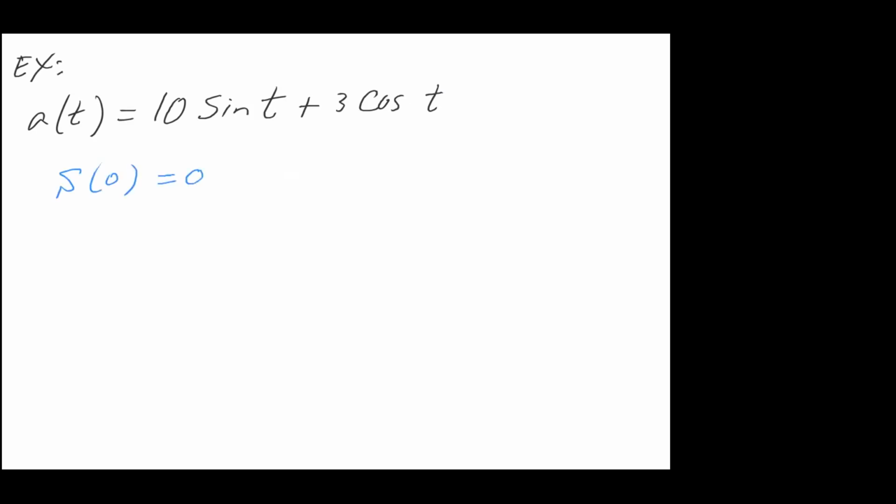So a as a function of time, let's say it is 10 times sine of t plus 3 times cosine of t, and let's say that we are given that s of 0 equals 0. So position of the particle at time 0 is 0. And s of 2 pi equals 12. All right.